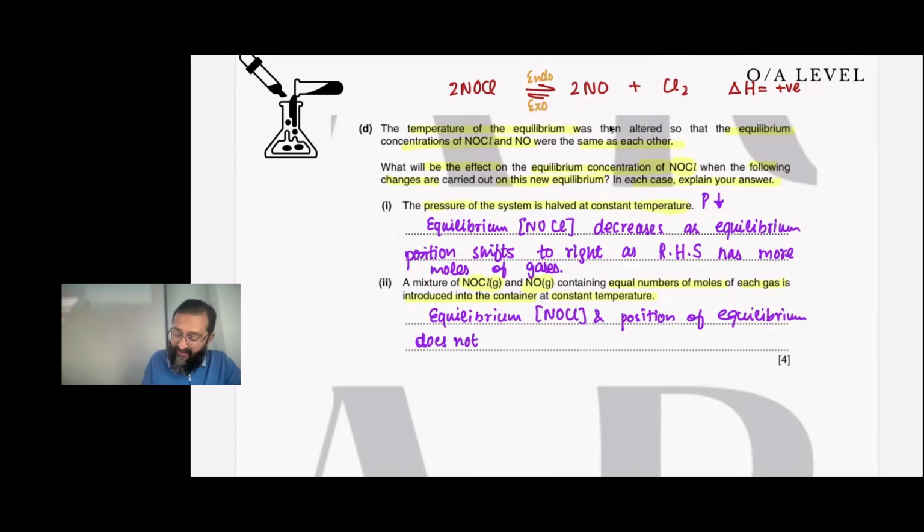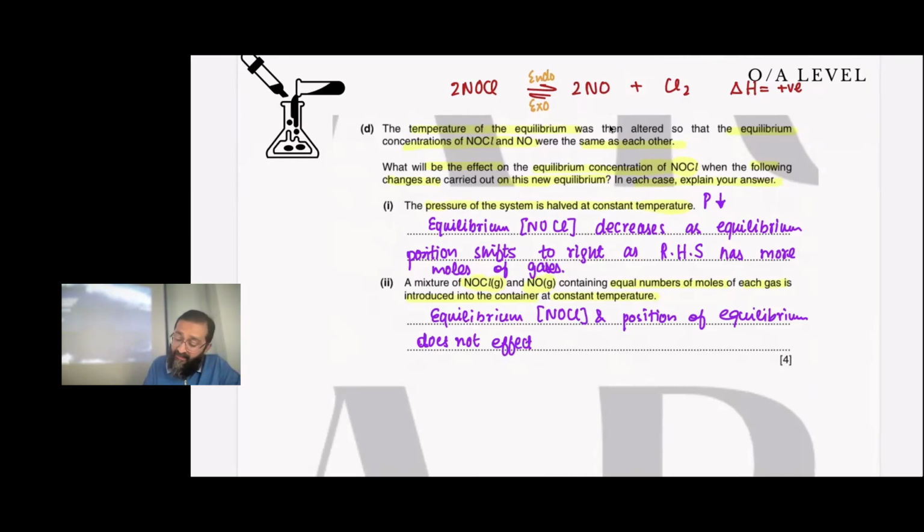does not affect. And why? As both sides are increased by same number of moles.